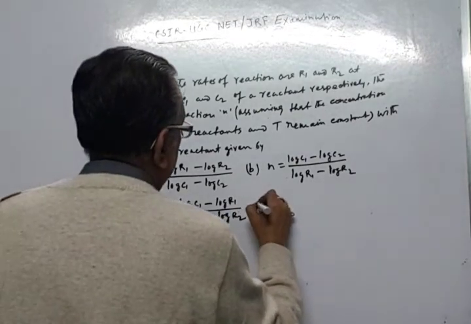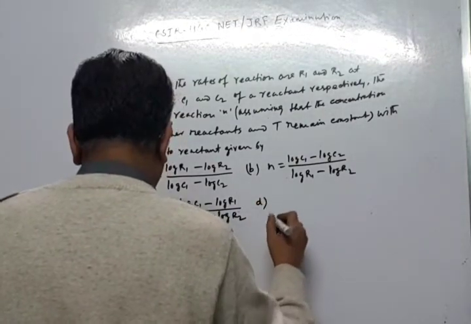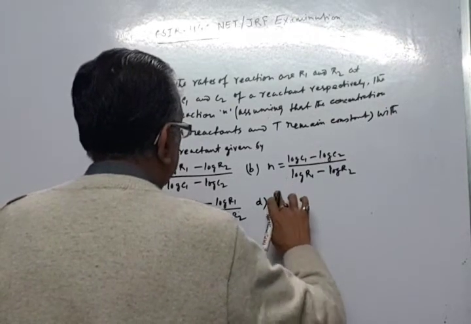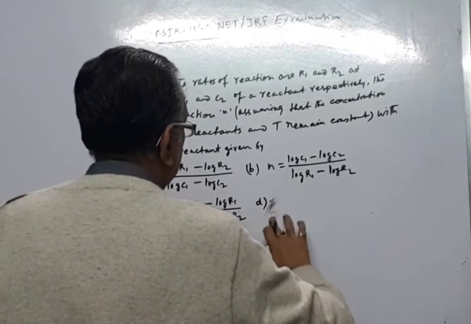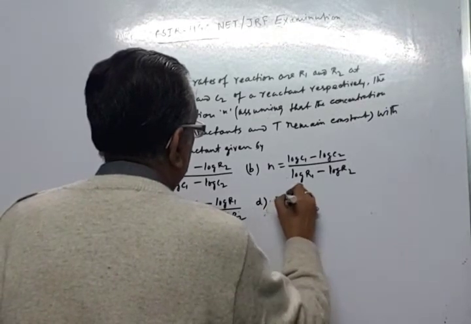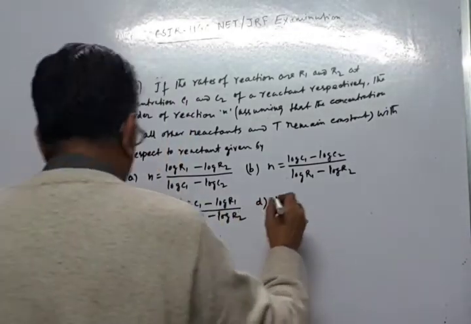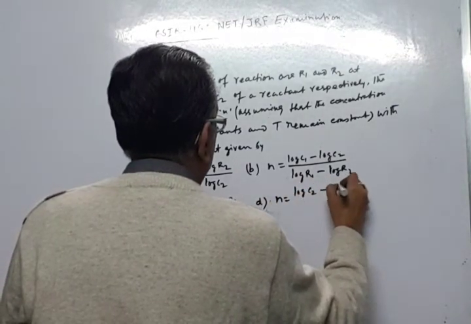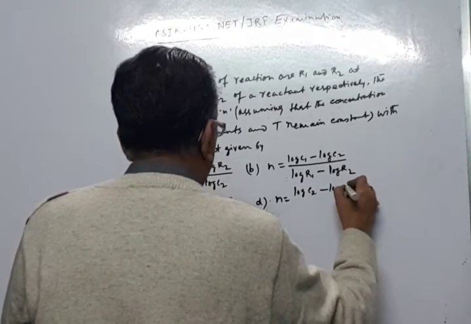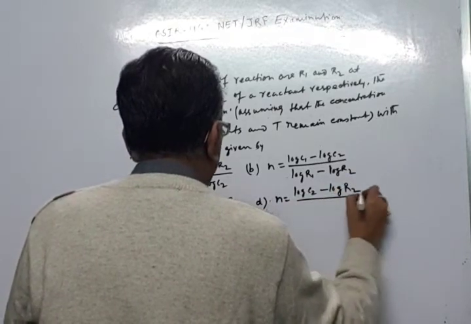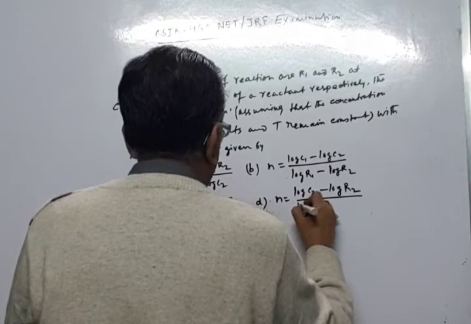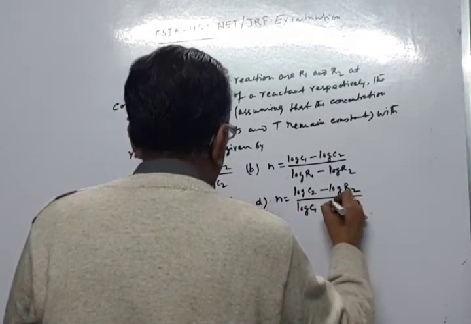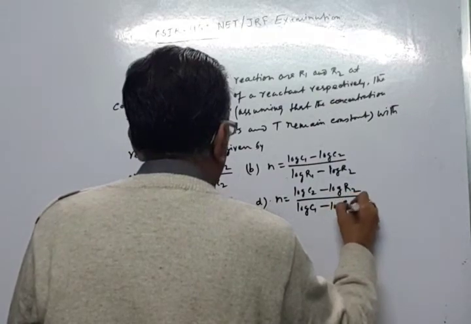And D, n equal to log C2 minus log R2 by log C1 minus log R1.